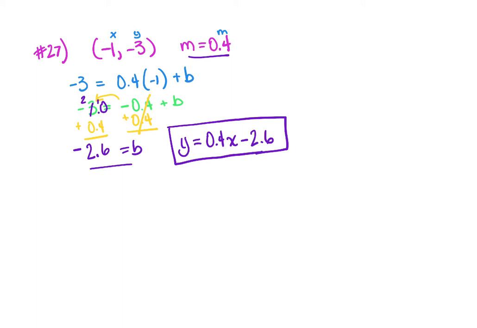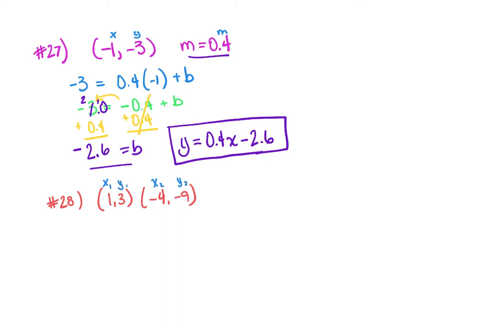So number 28. For number 28, they gave me 2 points. So they gave me the point 1, 3 and the point -4, -9. So I need a point and the slope at least to solve, right? And they have not given me the slope. So I'm going to use those 2 points to solve for slope.